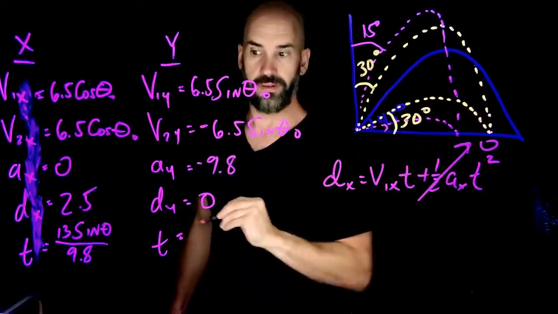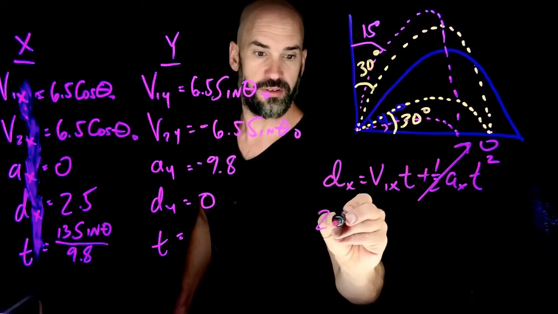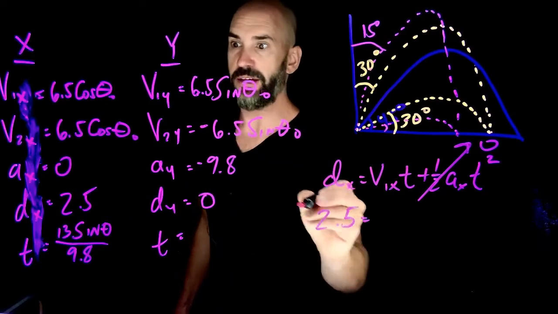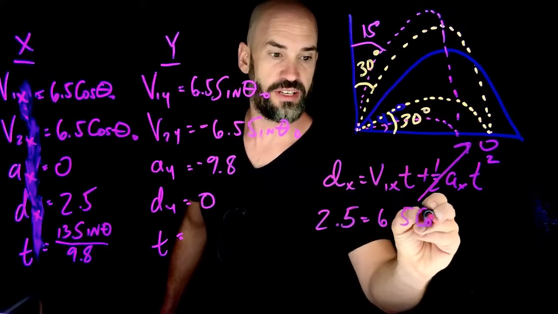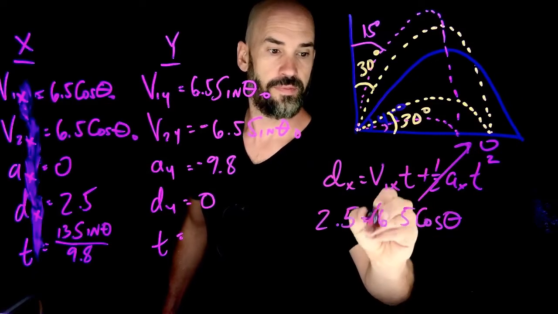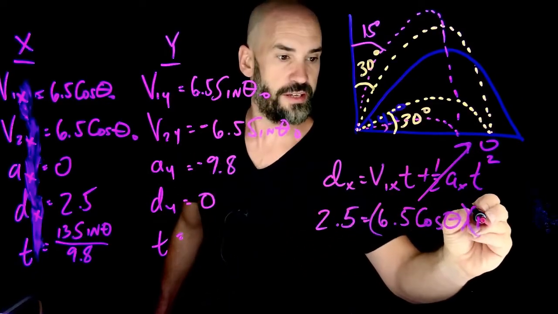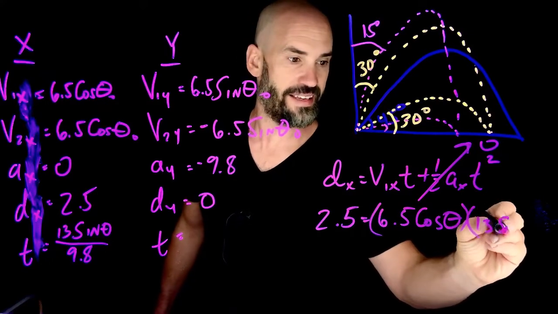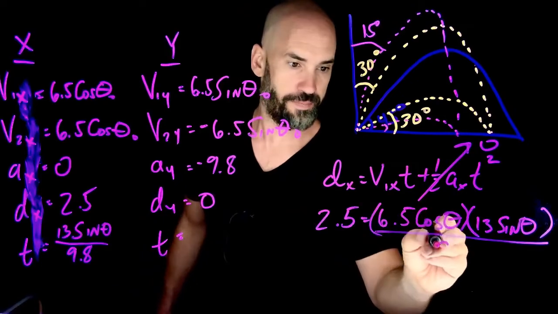That goes away, and that leaves us with 2.5 meters over here equals v1x, which is 6.5 cosine theta, times 13 sine theta, and this is all over the 9.8.